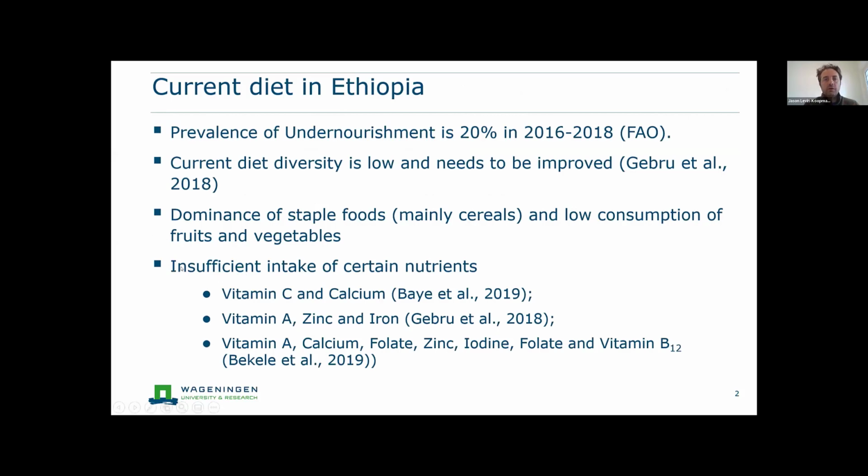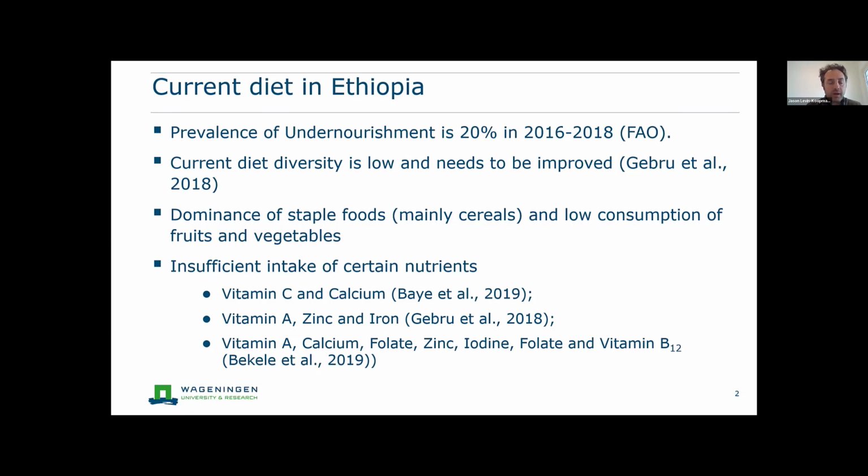So the focus here is on a diet shift in Ethiopia. Ethiopia is currently a poor country, and there's a real prevalence of undernourishment now, so there's real room for improvement. This is not just about the calories, though. The diet diversity is very low.